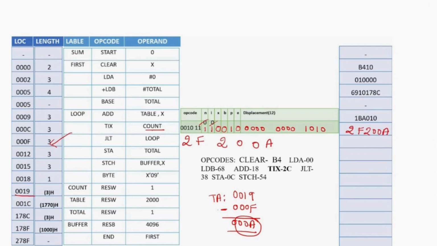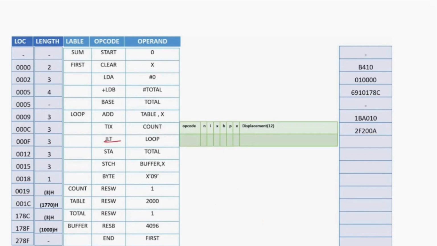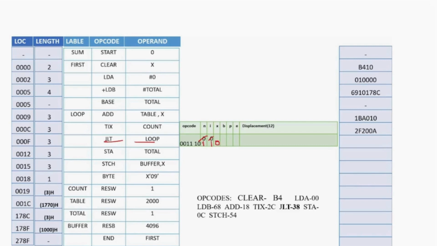Next instruction is JLT loop. So opcode of JLT is 38. First we'll write it. And again there is no hash, so we have n and i as 1 and 1. There is no X register, so X is 0.